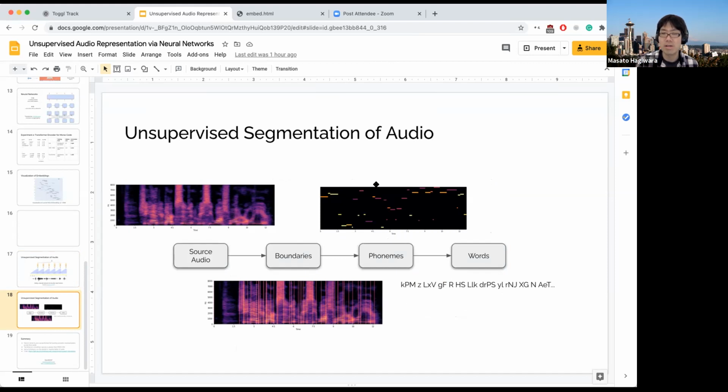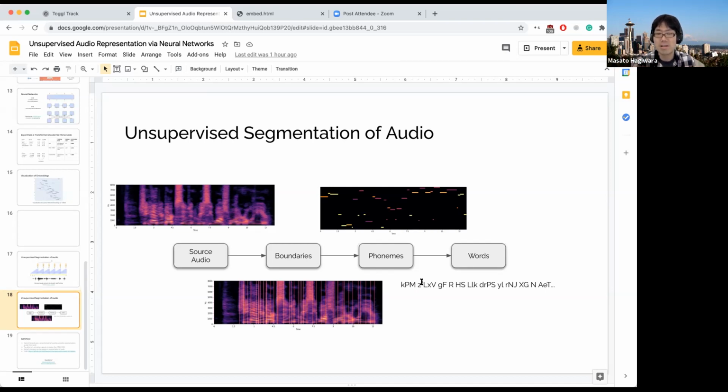In English, you have 50 or 60 or so phonemes, all those consonants, vowels, right? So you get clusters of similar sounding sounds in English, and if you cluster those phonemes, they are actually words.